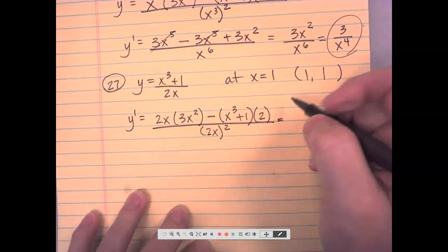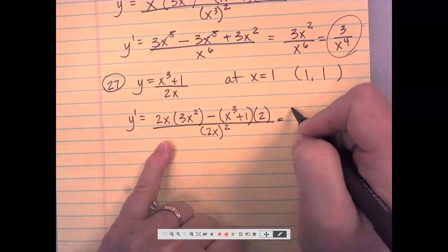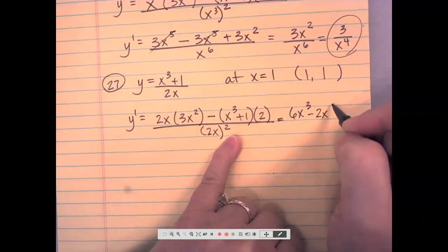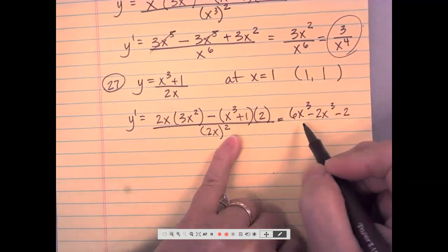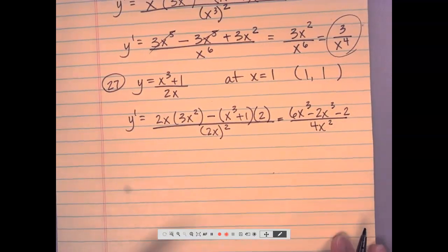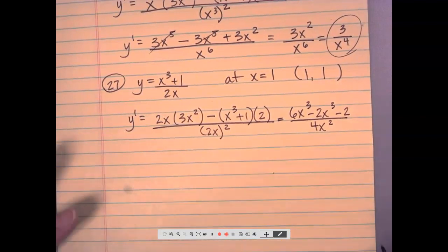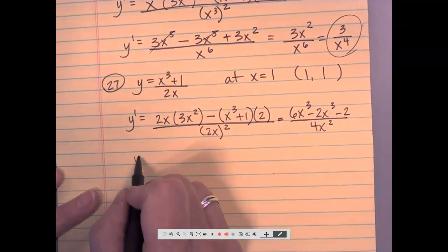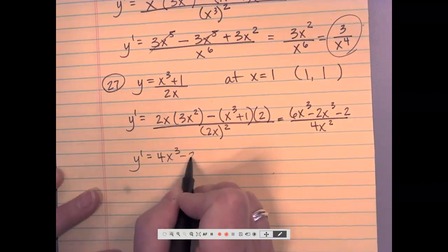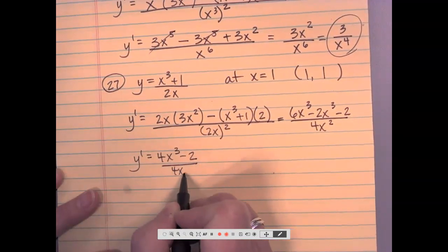All right, let's distribute out. That becomes 6x cubed minus 2x cubed minus 2 over 4x squared. Good. Okay, like terms, the derivative is 4x cubed minus 2 over 4x squared.